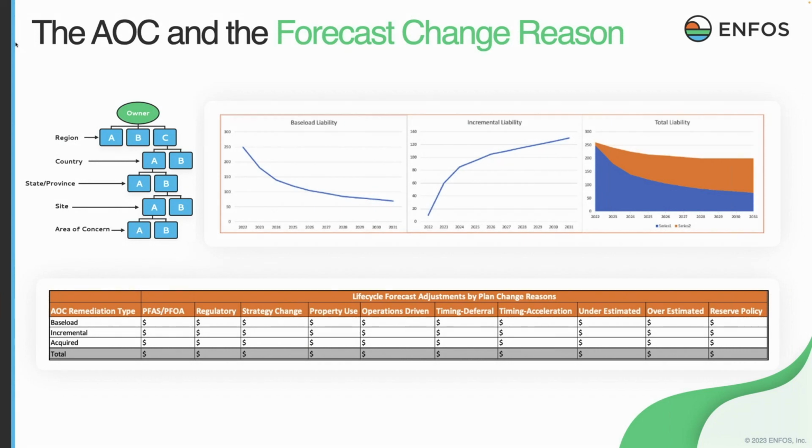Starting at the upper left, it goes back to the organizational hierarchy structure. When we have an existing site that's already a reserve site, we've already done forecasting for it, as I mentioned, it can have one or more areas of concern. At some date boundary condition, though, a snapshot of the forecast data is made in ENFOS, and all known sites and all known areas of concern with their forecasts can be snapshotted so that now I can do performance baselines just against the base load liability through time.